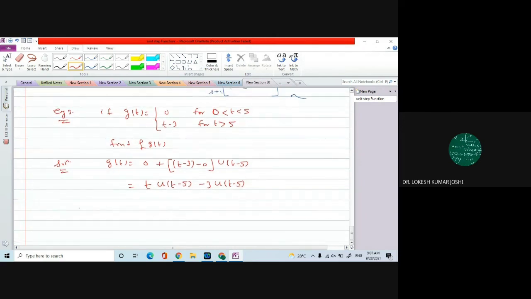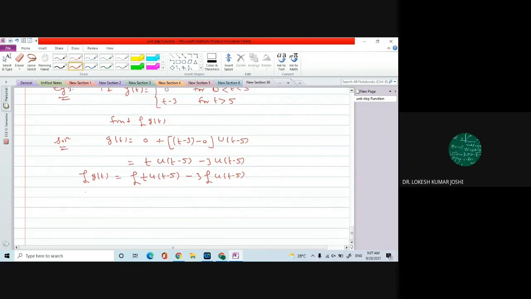Now Laplace of g(t) is equal to Laplace transform of t u(t minus 5) minus 3 times Laplace of u(t minus 5). As we know one property, see this property very carefully: Laplace of f(t) u(t minus a) equals e to the power minus as Laplace of f(t plus a).